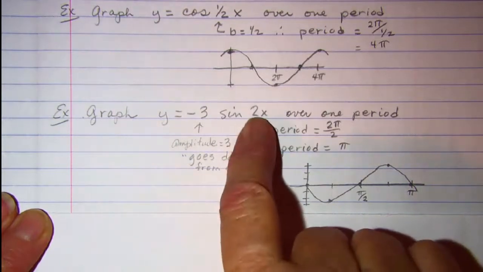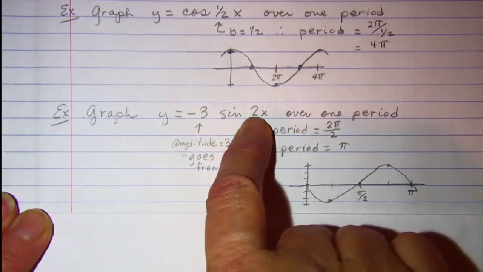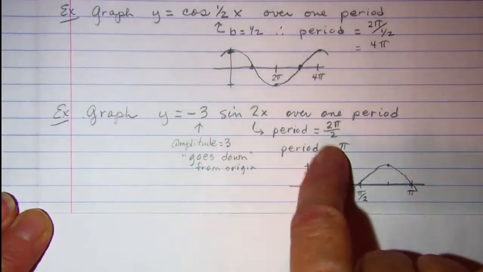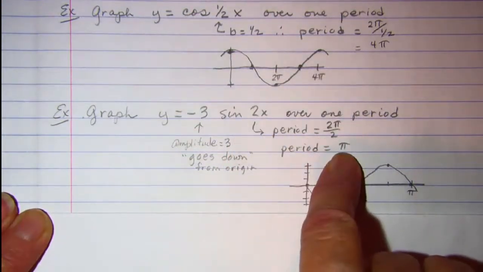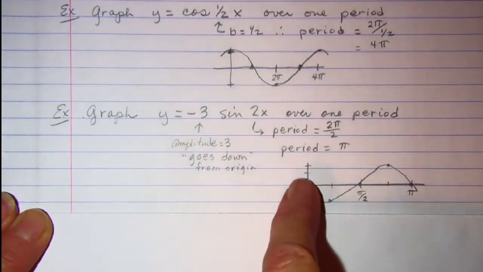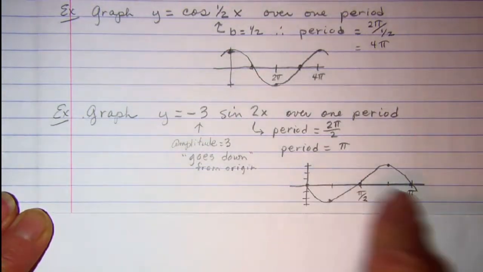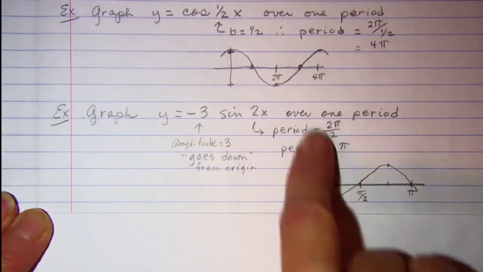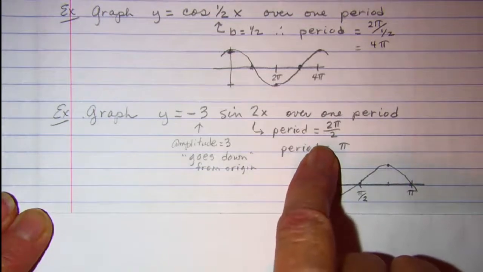All right. Also, our b value is 2, so the period is 2 pi over 2, which means the period is pi. So we're going to start at the origin and end at pi. That was determined by this 2 pi over b.